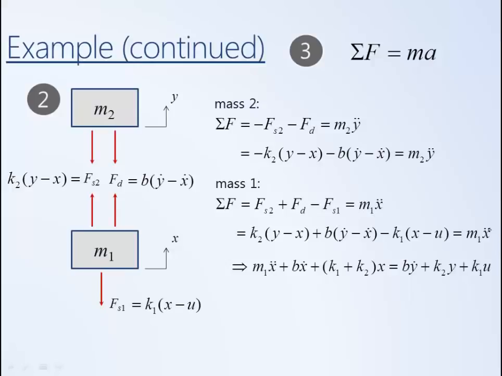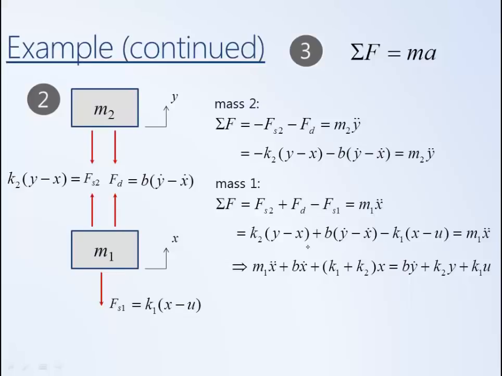So we had m1 x double dot on one side, we had a negative b x dot, which when we add it to that side becomes positive. We also had a negative k1 x and a negative k2 x if you distribute that k2. When we move those to the right hand side, they also become positive.